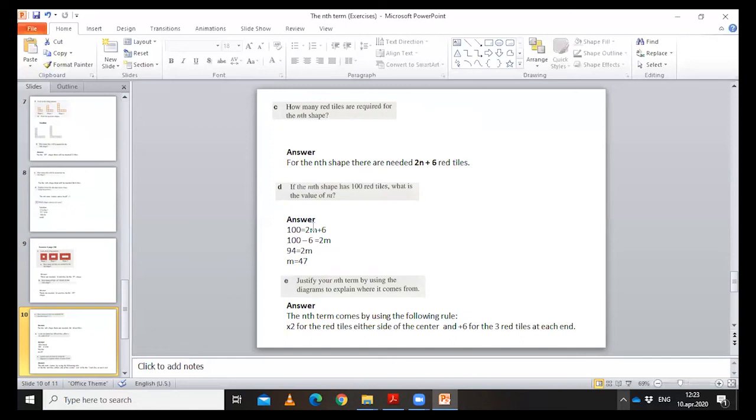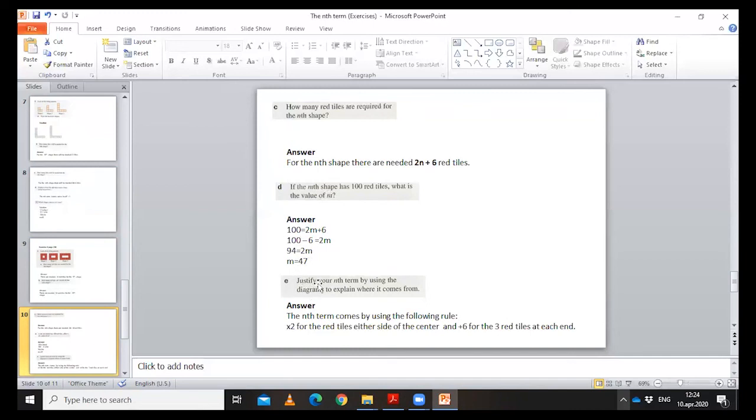For D, if the nth shape has 100 red tiles, what is the value of n? In order to find the value, we simply have to equalize 100 to 2n plus 6, which helps us obtain n equals 47 by simply solving it as an equation.